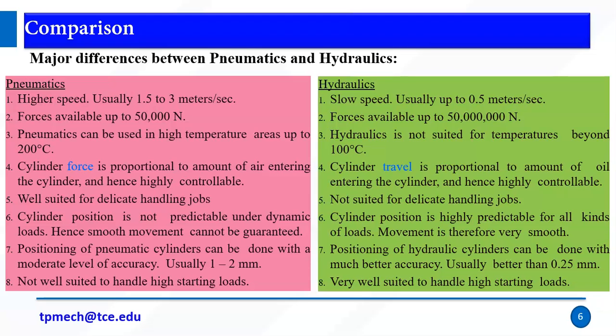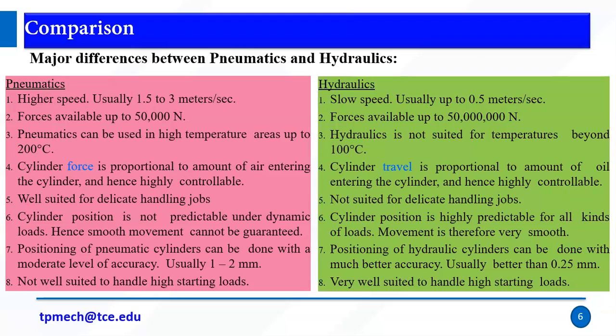Pneumatics can be used in high temperatures because it is insensitive to temperature, but hydraulics is not suited for temperatures beyond 100 degrees because it is sensitive to temperature. If you keep increasing the temperature of the hydraulic fluid, the properties may change. Similarly, in terms of force, pneumatics is the better one, and in terms of cylinder travel, hydraulics is better.